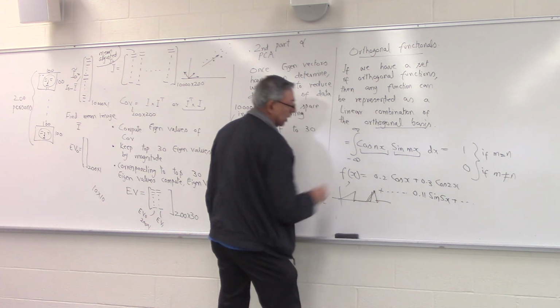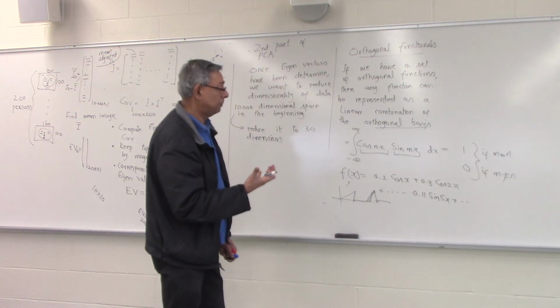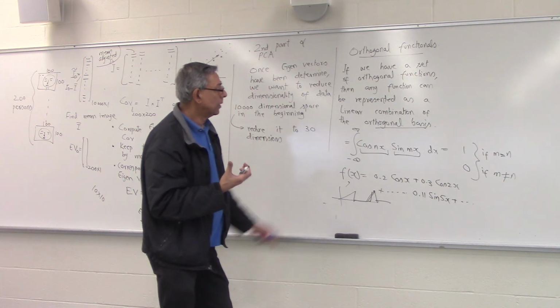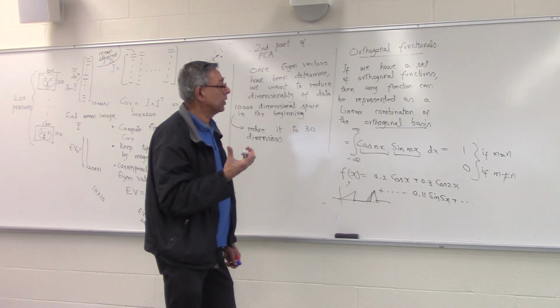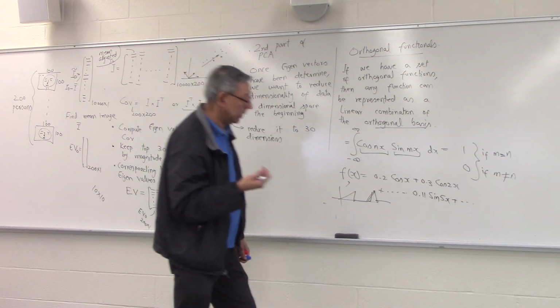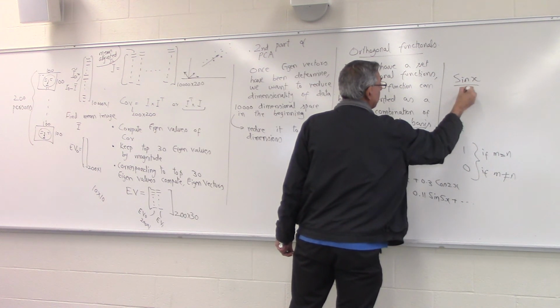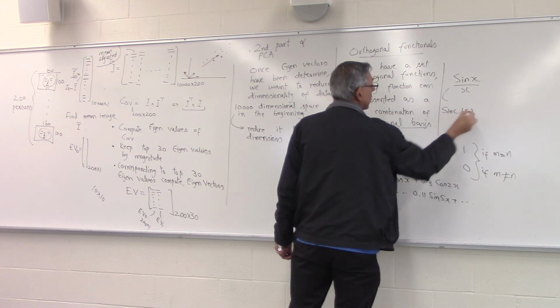Suppose a triangular wave, it could be represented as an infinite sum of these orthogonal bases, right? Very similarly, cosine and sine are not the only orthogonal functions. There are hundreds of orthogonal functions in math. Some of you would remember sine x over x, which is called the sinc function.